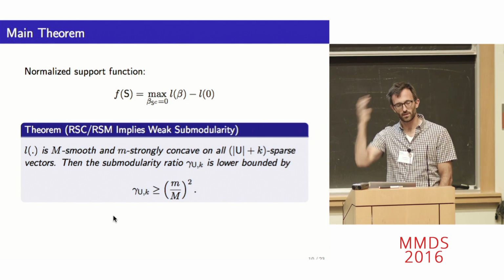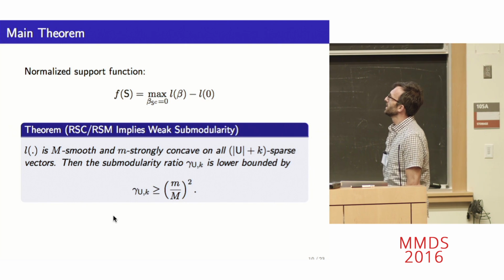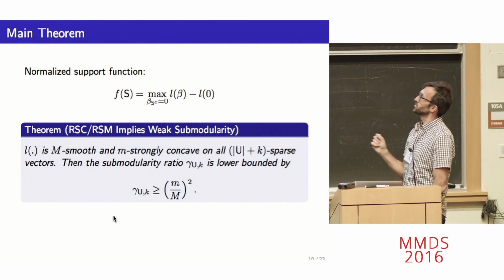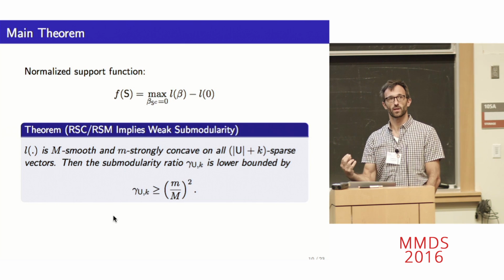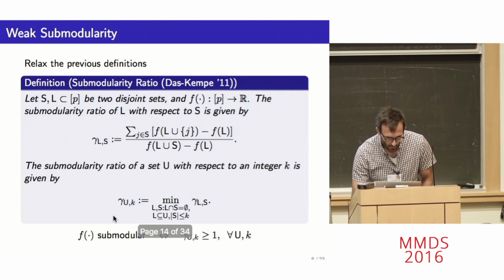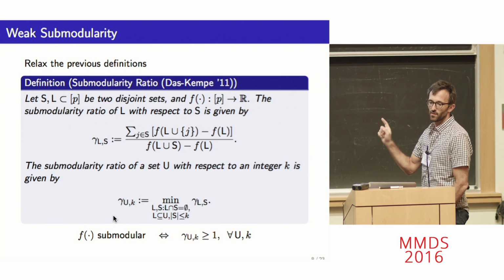So the main result of Alex, Ahand, Ethan, and Rajiv is that if you have restricted strong convexity and restricted smoothness, this in fact implies weak submodularity. And did I mention before that this weak submodularity was defined by Das and Kempe?